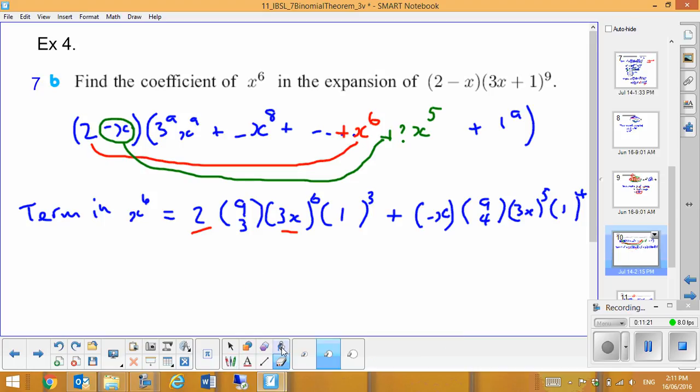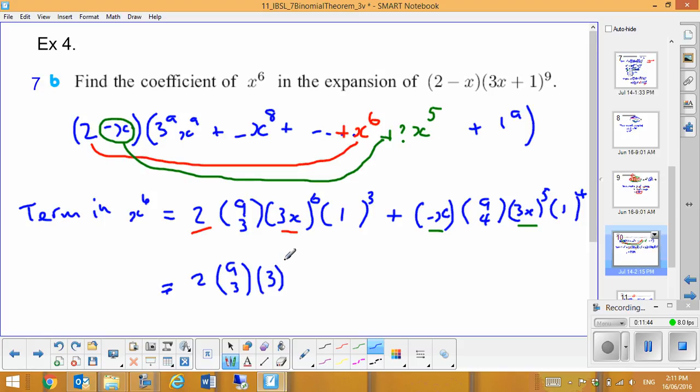Clear out that. Okay, so this was our green one, just to colour code it for you. That's minus x times our term in x to the 5th. So now we just put these into, we want 2 times 9C3, we want 3 to the 6th, and we've got x to the 6th. 1 cubed is 1.